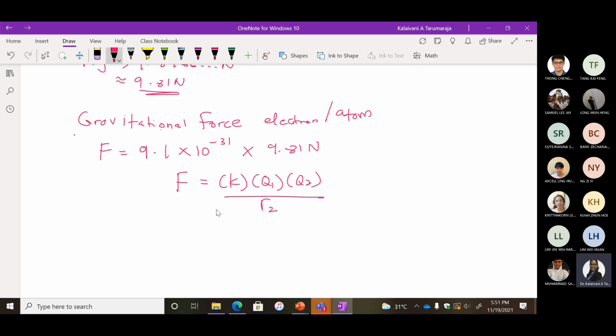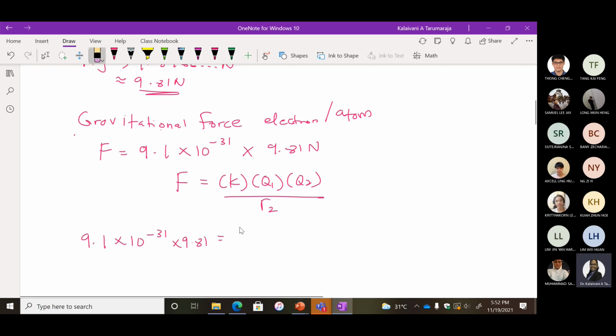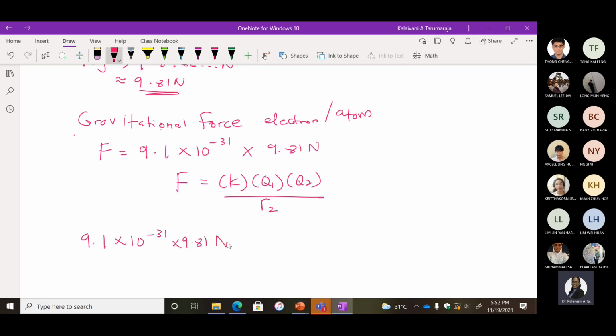The way I substitute the value, I take 9.1 times 10 to the power of minus 31 times 9.81 Newton, which is equal to K. So I need to know the value of K.